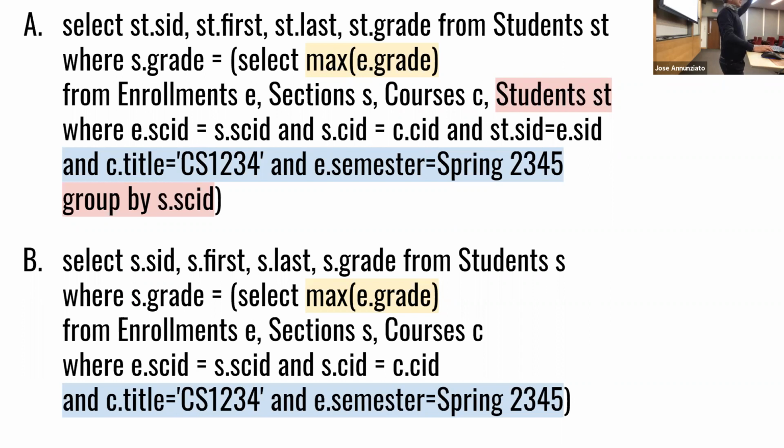Because some values are in the course for the title, and the grades are in the enrollment. And the only way is to join them all 3. Oh, yeah, you can use either one. Either one is fine. Absolutely. This is perhaps a little easier to read, maybe, but you can absolutely use the other one.